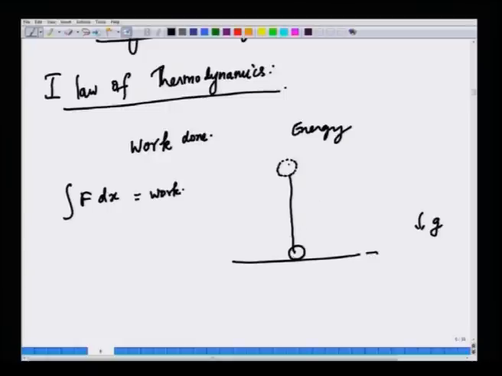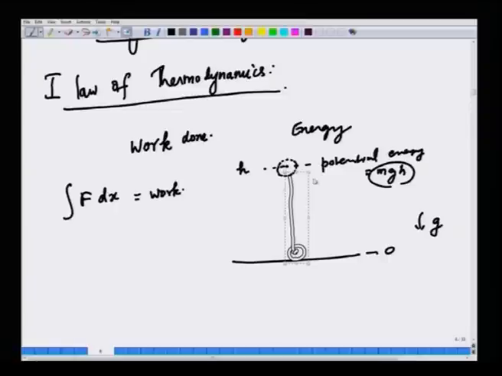So, that is work done on the ball, but what happens to that work done? Well, the work done has gone into increasing its gravitational potential energy, because it is now at a higher position h compared to its initial position, which is 0. Okay. So, this potential energy gained is essentially mgh, and that must be the work done in moving the ball from the ground level to a particular height h.